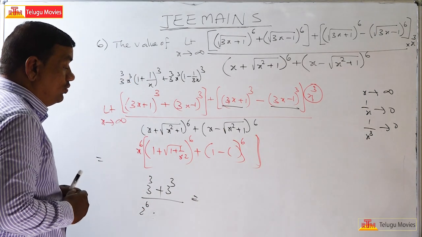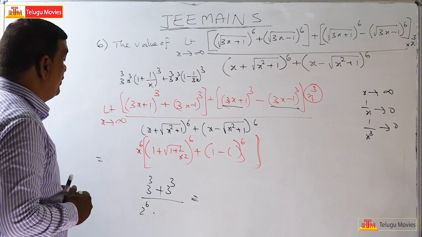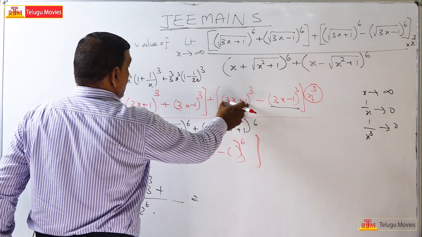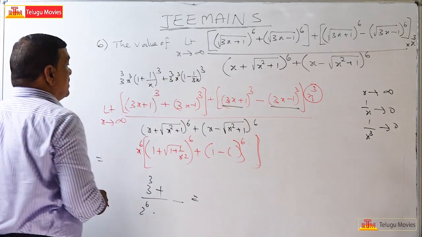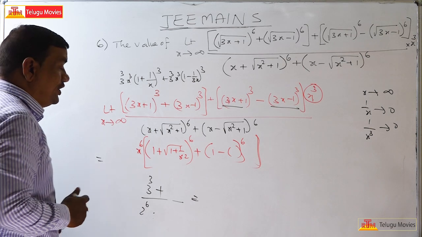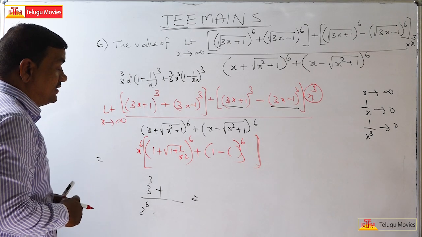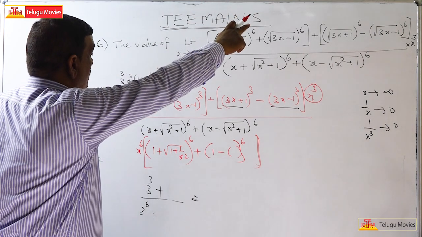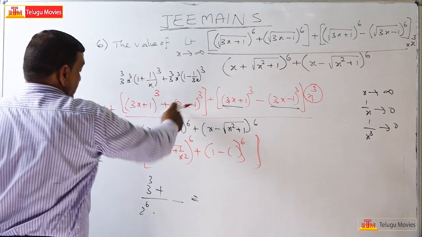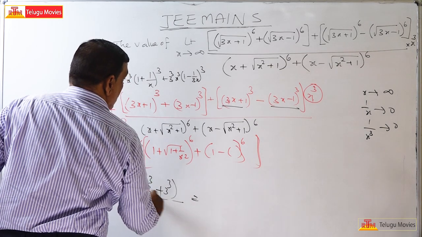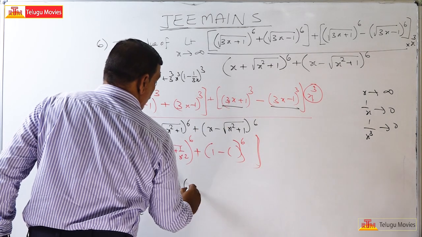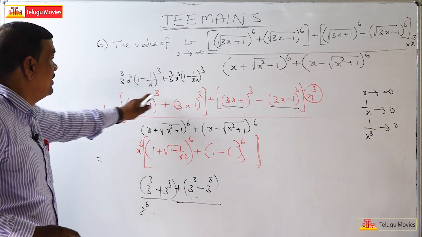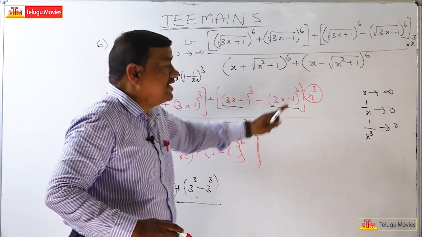So this is equal to 3 cube, this is also 1 minus 0, so 3 cube plus 3 cube. There is one more bracket also there. So this is 3 cube plus 3 cube, and this also 3 cube minus 3 cube you will get.